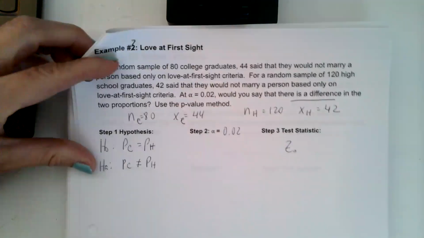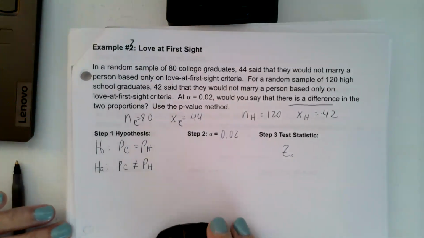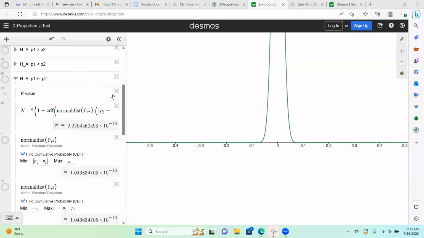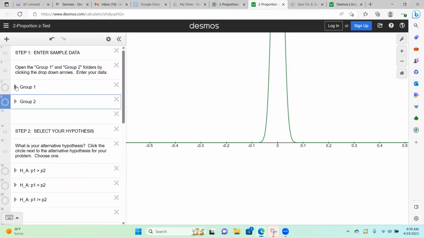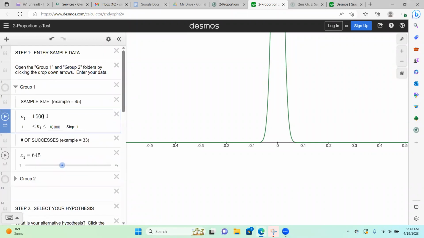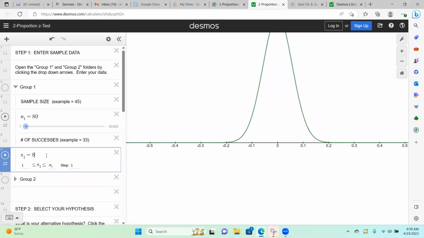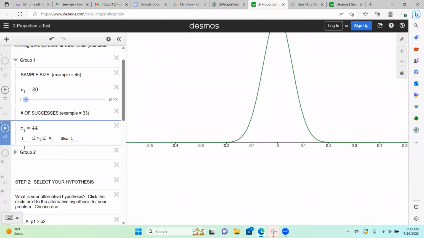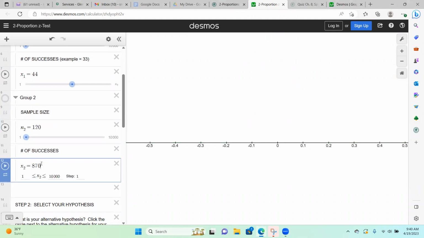Okay, so let's go ahead and put these numbers into our program. In group 1, we had 80 and 44. And then group 2, we had 120 and 42 of them.